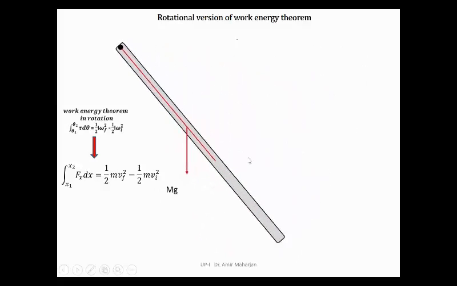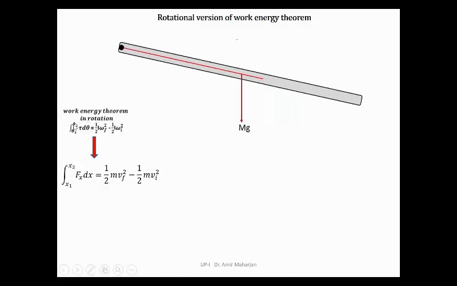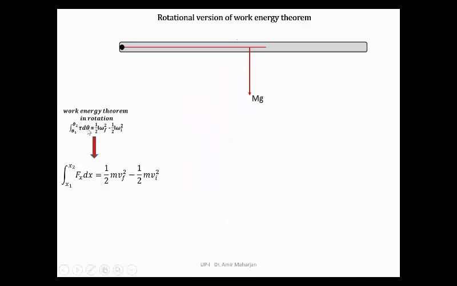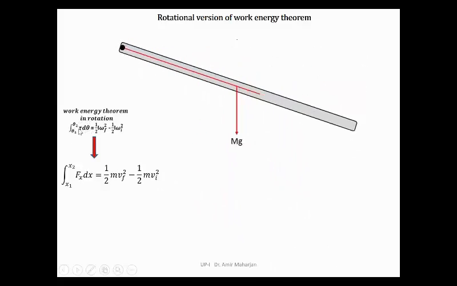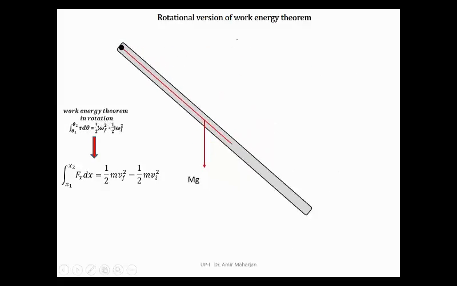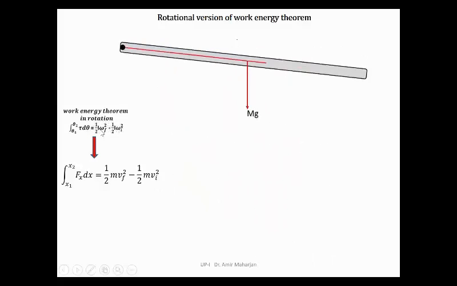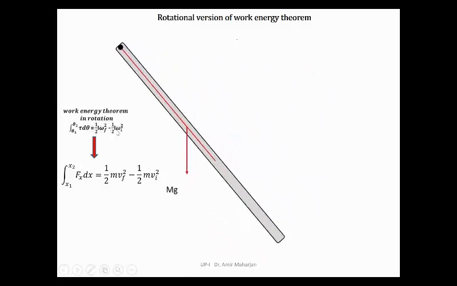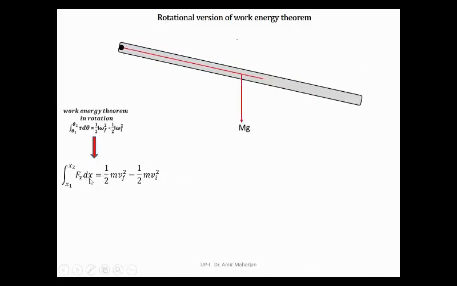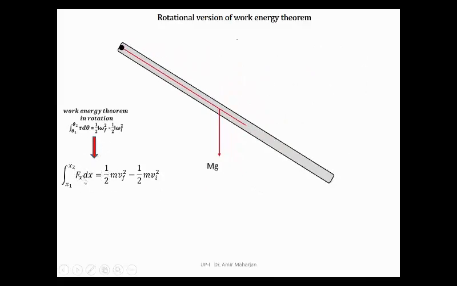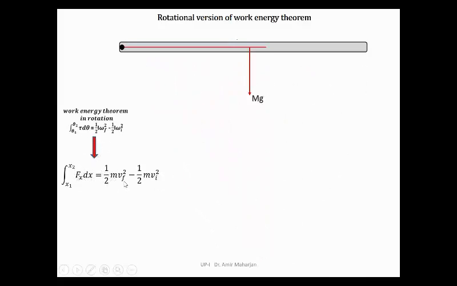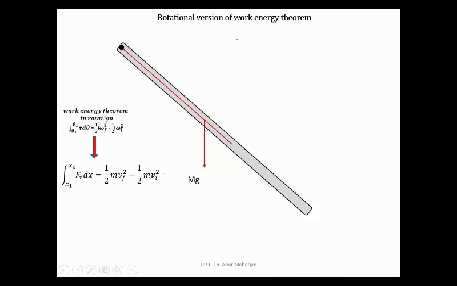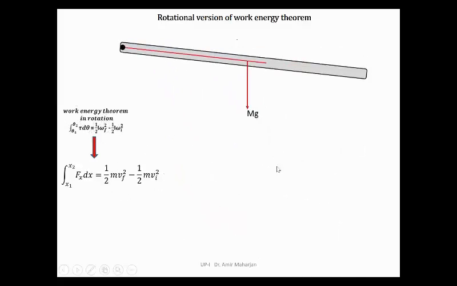So you have to integrate the torque with respect to theta, which gives you the work done by torque, and that has to equal the change in rotational kinetic energy, 1/2 I omega squared, which is pretty similar to our standard work energy theorem. Then you should be able to solve the problem using the rotational version of the work energy theorem.